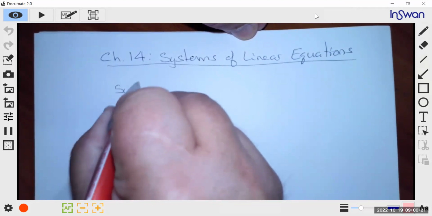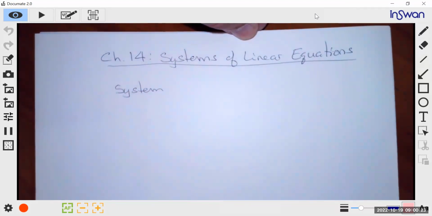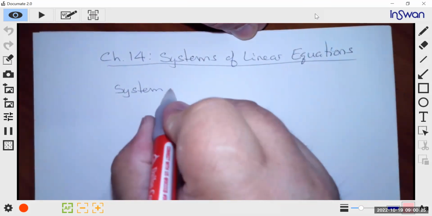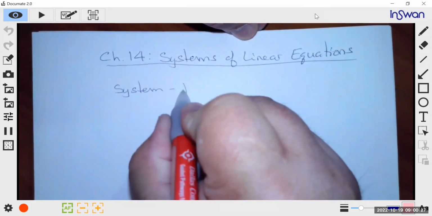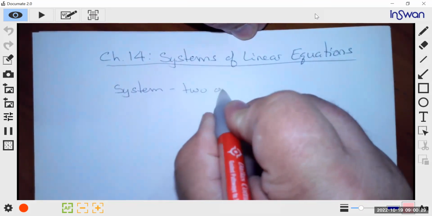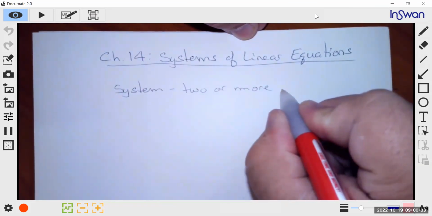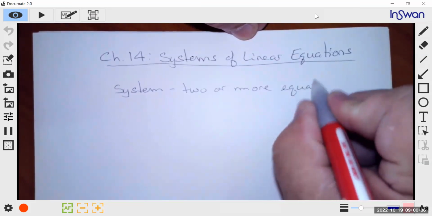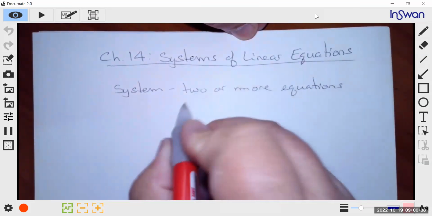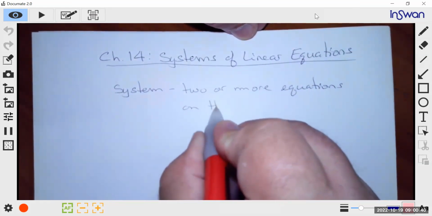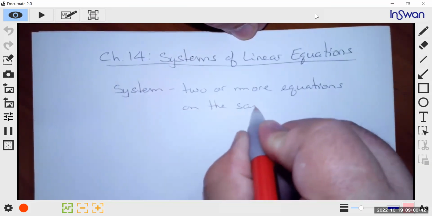When we say a system, we're talking about two or more equations on the same graph.